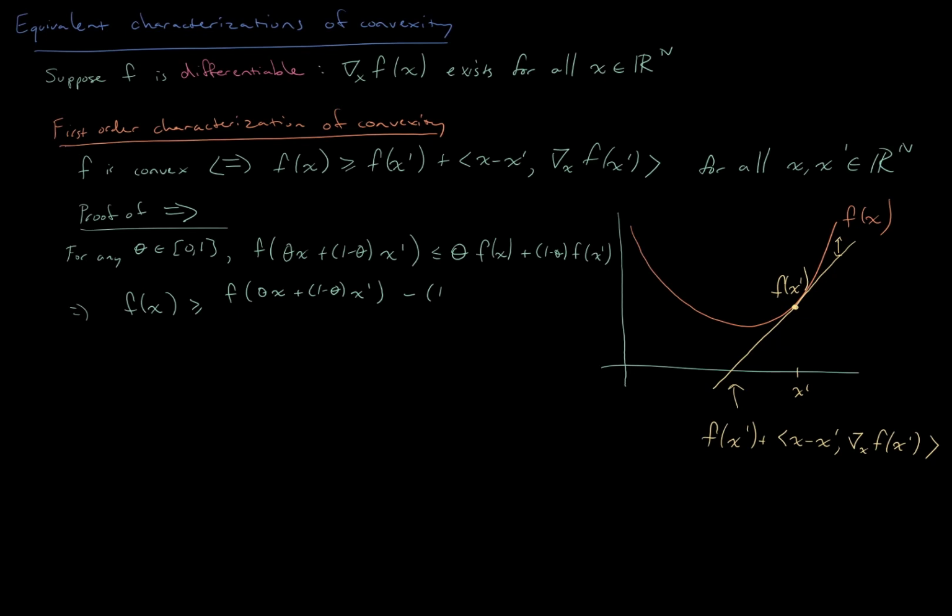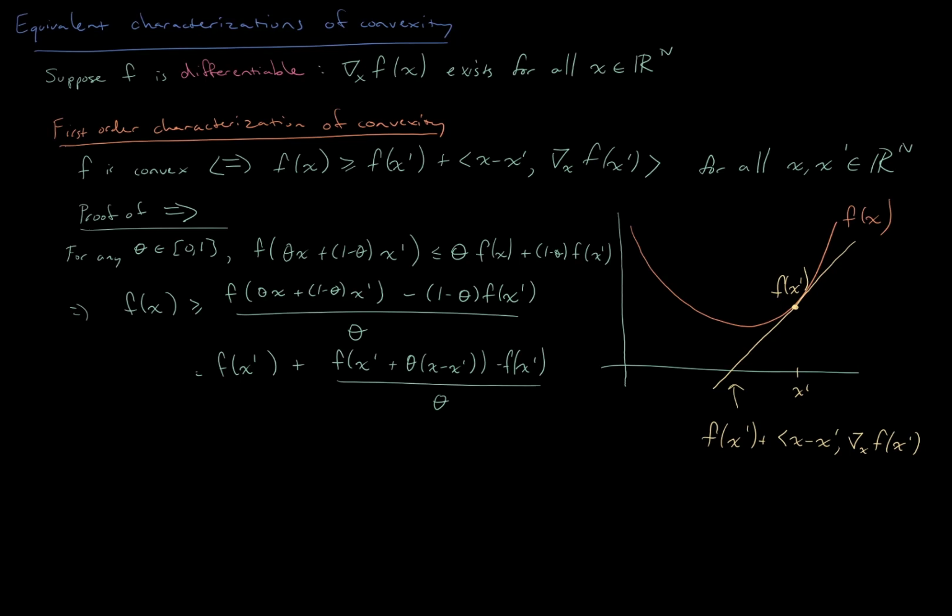We notice that we have a theta times f of x prime divided by theta. So if we pull that out front, what we're left with is f of x is greater than or equal to f of x prime plus this other term. And I've rewritten it here a little bit so that it looks exactly like the form that we've already encountered.